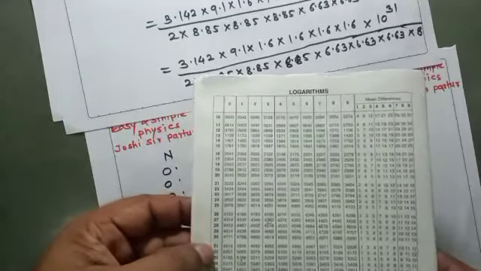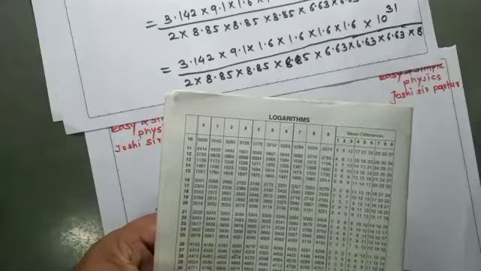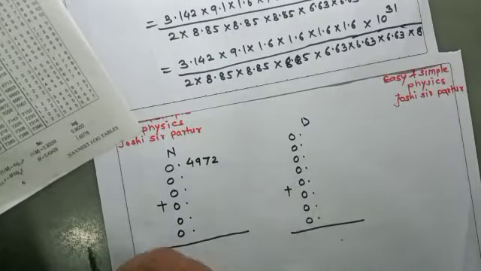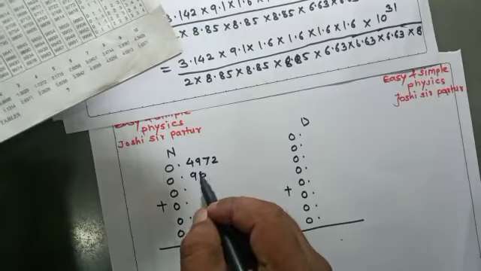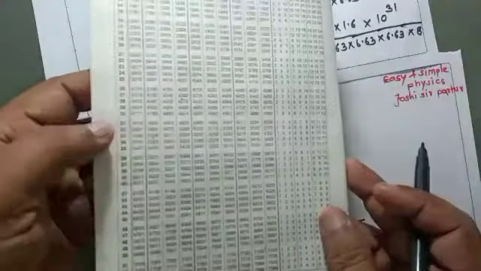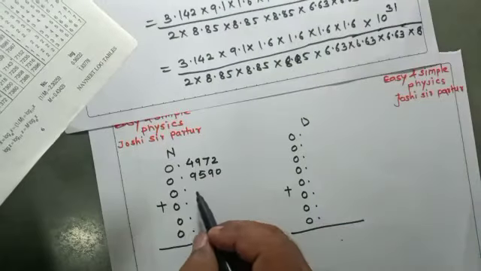So here if you use logarithm, 3.1, that is 31 in 4, 4969, in 2, 3, so it is 4972. 9.1, that is 91, is 9590. 1.6 is 2041.